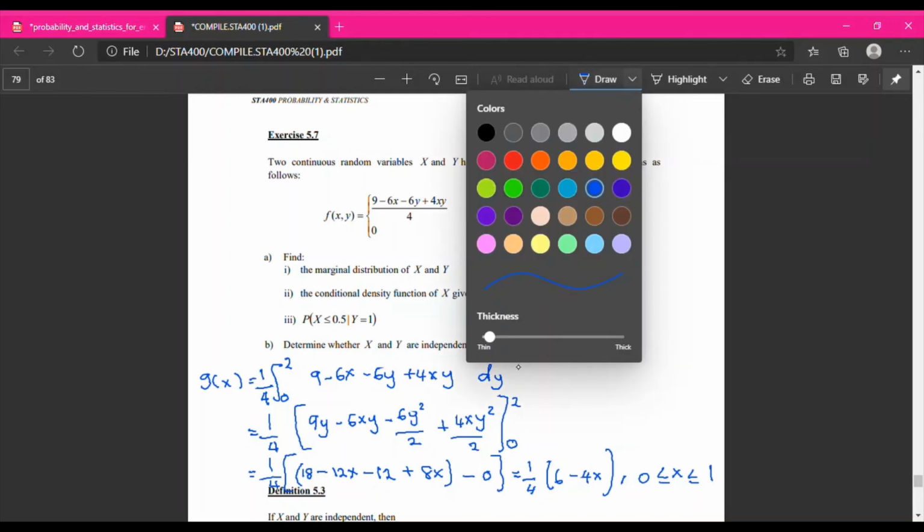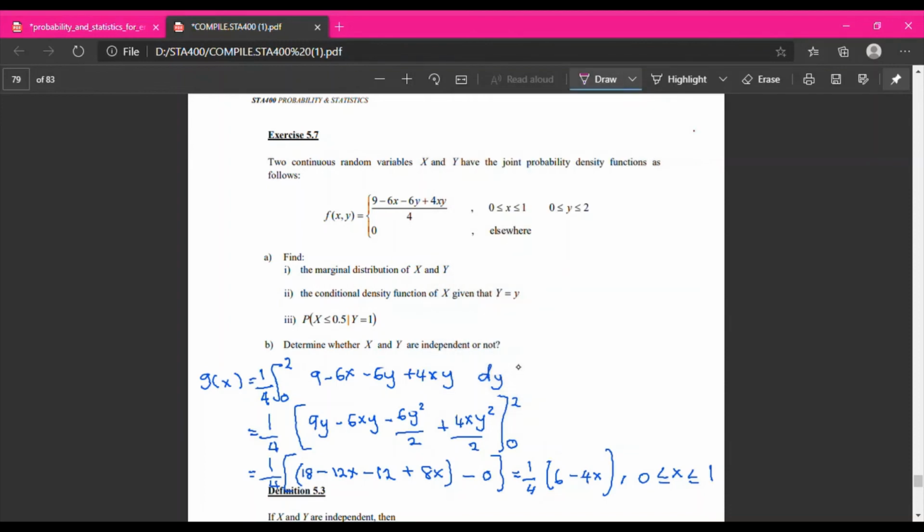To check whether x and y are independent or not, we can use this concept: fxy should be equal to gx multiply hy. x and y are independent if and only if this condition is fulfilled.